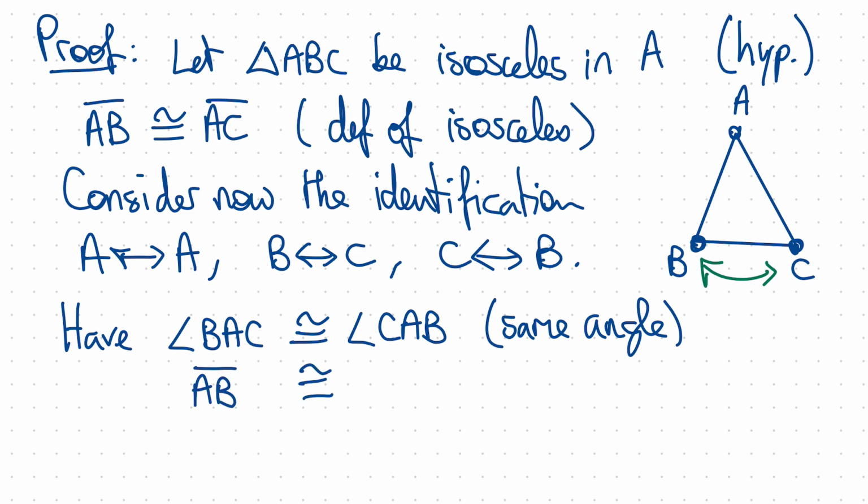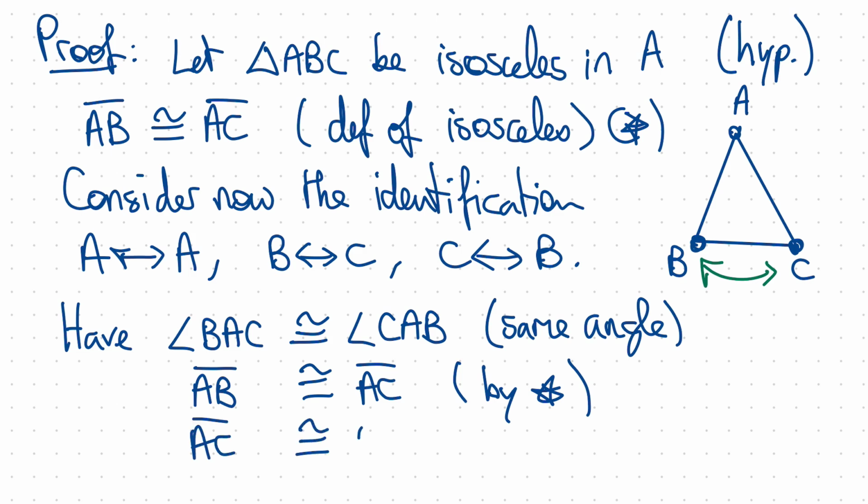That's just because it's the same angle. We have segment AB is congruent to segment AC. This is by hypothesis, or I'll put a star up here, by observation star that we had previously. And we also have that AC is congruent to AB. Again, that's the same statement star, just reversed.